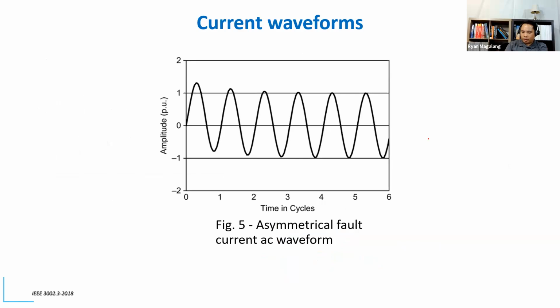So this is the asymmetrical fault current, your AC superimposed with your DC. In the beginning, when you have your DC, you can see that the peak has exceeded 1 per unit. And then as it decays, it looks like that.